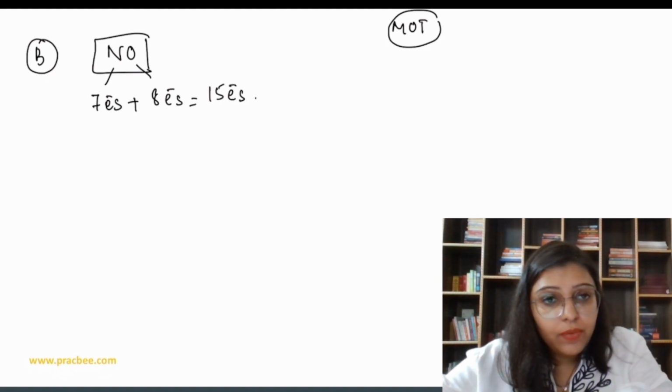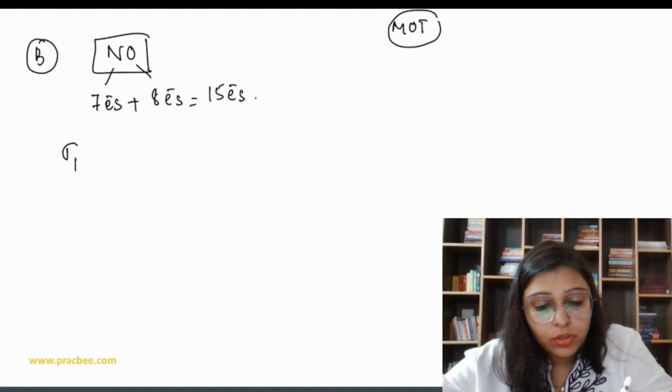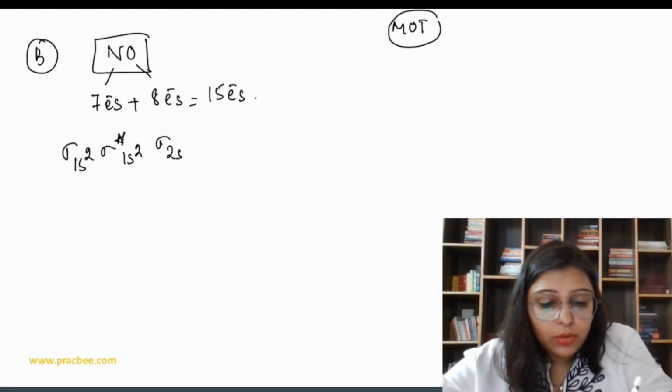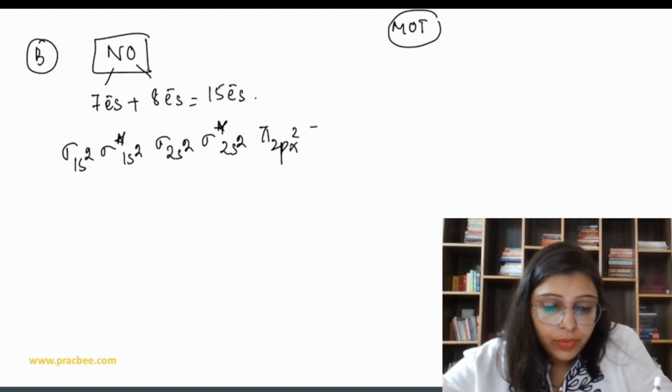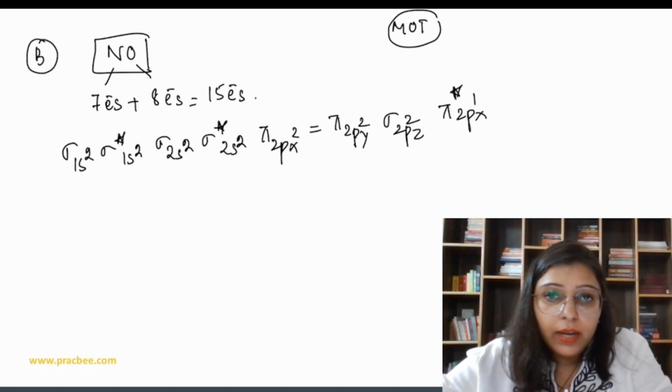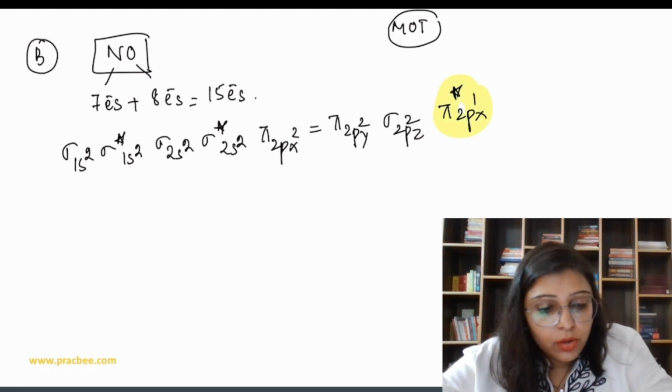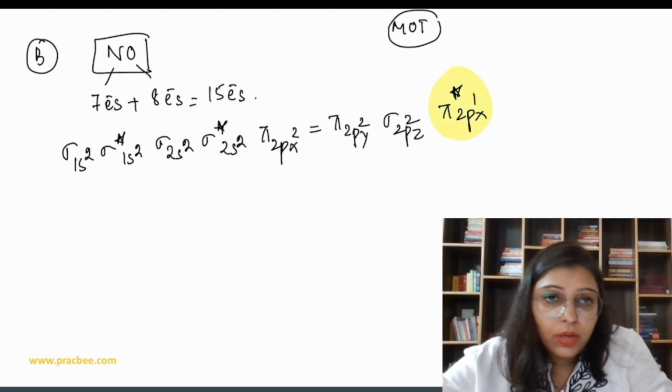Now when we write down the configuration, this is going to be sigma 1s2, sigma star 1s2, sigma 2s2, sigma star 2s2, then pi 2px2, pi 2py2, then sigma 2pz2, and then pi star 2px1. So this orbital contains only one electron.